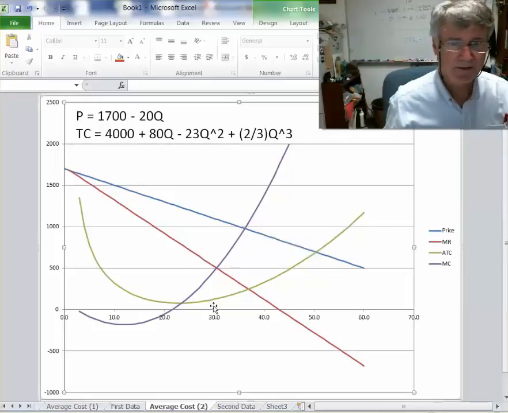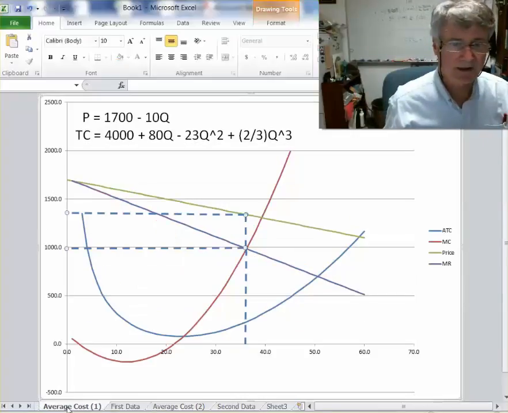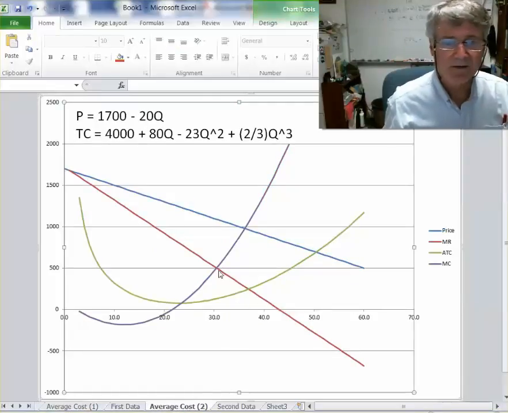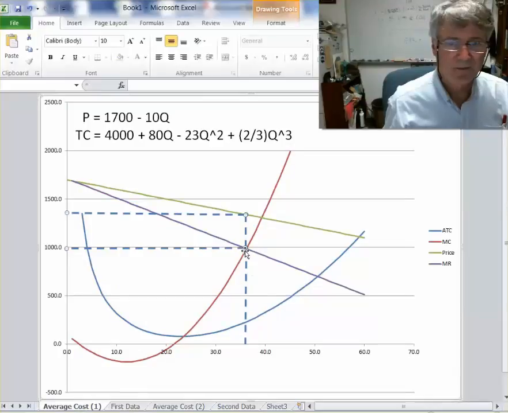I'm a little nervous about this average total cost curve. Hold on a second. No, that's right. Average total cost is above the line, so I'm okay. All right, so my marginal cost is now 464, and Q star is 30. The other Q star was 36, so they've cut back a little bit.